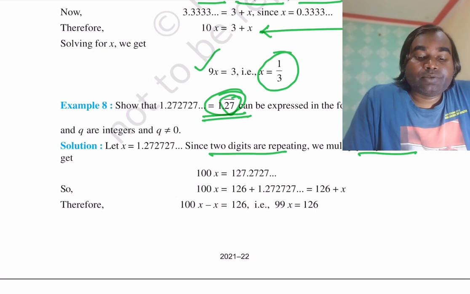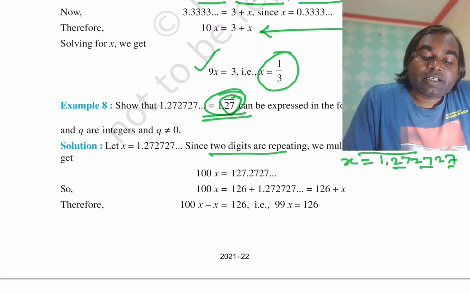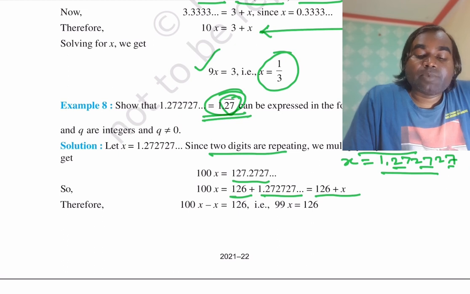That means if you assume that x is the number 1.272727, where 27 is repeating, we will take 100x. So we multiply this value by 100 and we get 127.272727, and that is nothing but 126 plus this value, that means 126 plus x.